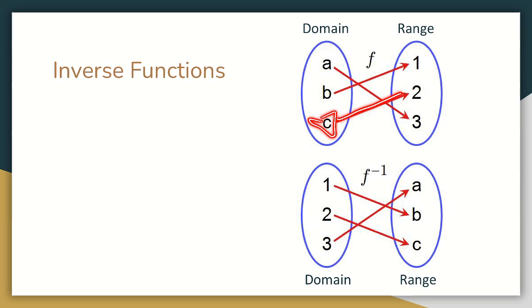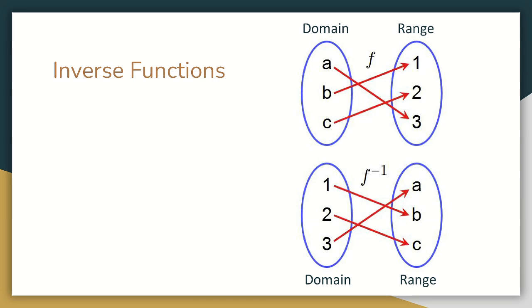F takes c and spits out 2. Now, this couldn't be a function if A spit out 3 and A also spit out 1. If it spit out both of those, that wouldn't be a function, okay? It can only spit out one thing for each input. Now, it could be the case that A spits out 3 and B also spits out 3. That's okay. That's all right.